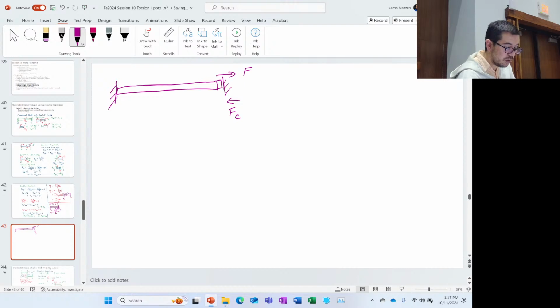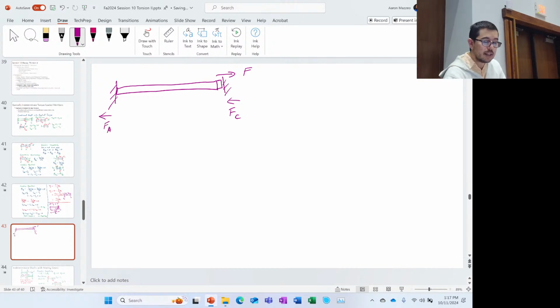This is actually going in this direction, Fa. Because this is so long, the Fc is also going to be, and I'm applying a force here, F times LAB over L. And also Fa is going to be F times LBC over L.